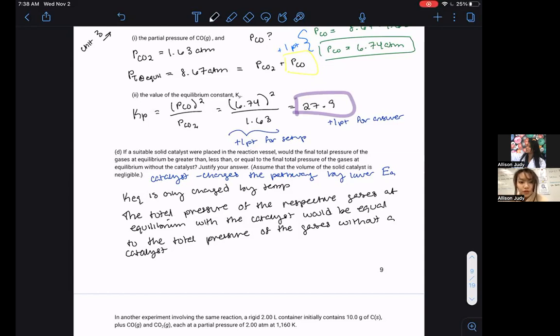So this is due to the fact that a catalyst does not affect equilibrium position.